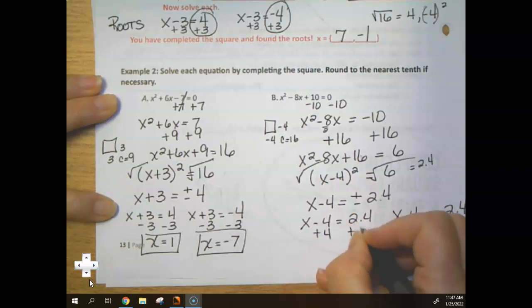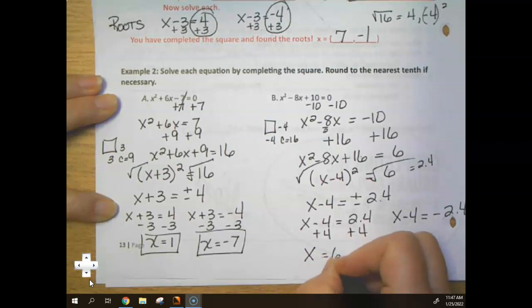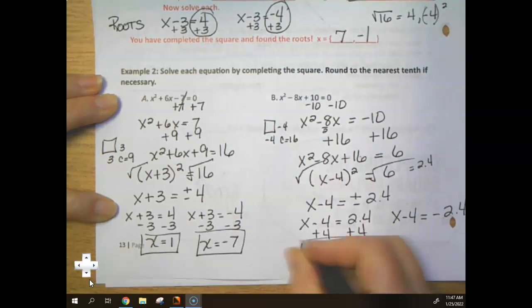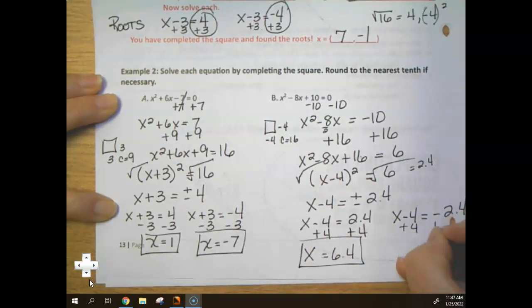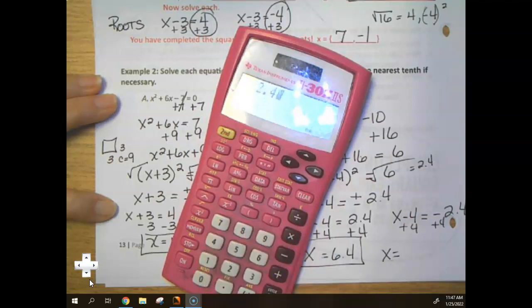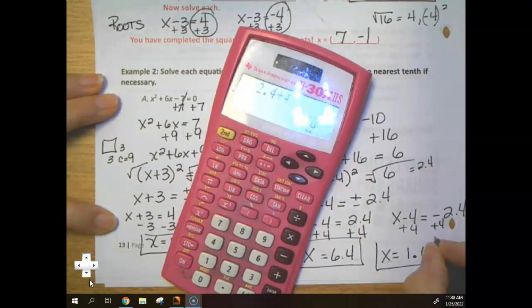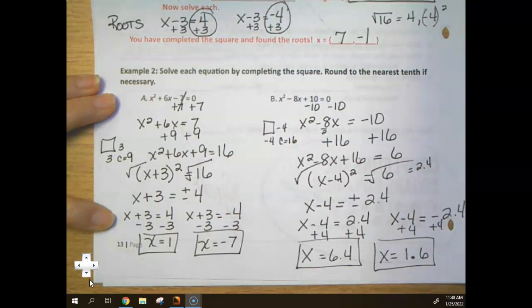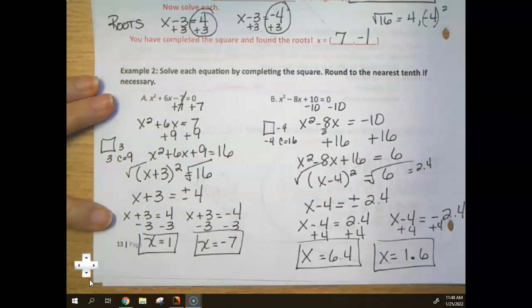Solve these. x equals 6.4. Add 4, I don't know this one. What is negative 2.4 plus 4? 1.6. And you just completed the square with a constant. I don't know if you like it. If you like it, that's just another way to solve these.